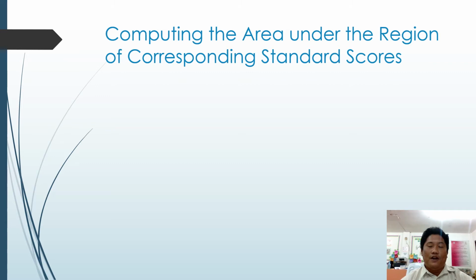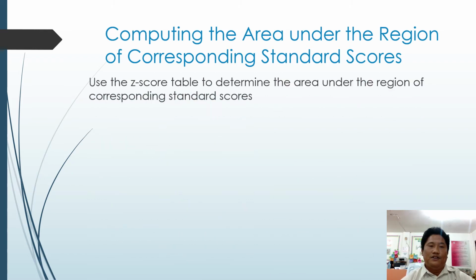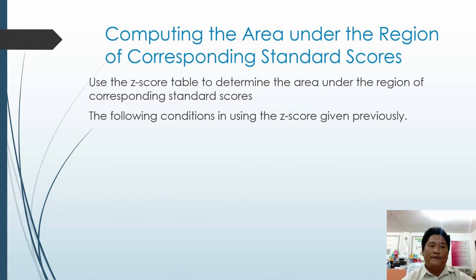We are now on the topic about computing the area under the region of corresponding standard scores. Use the z-score table to determine the area under the region of corresponding standard scores. The previously given table, we will use it for our task, which is to compute for the area.